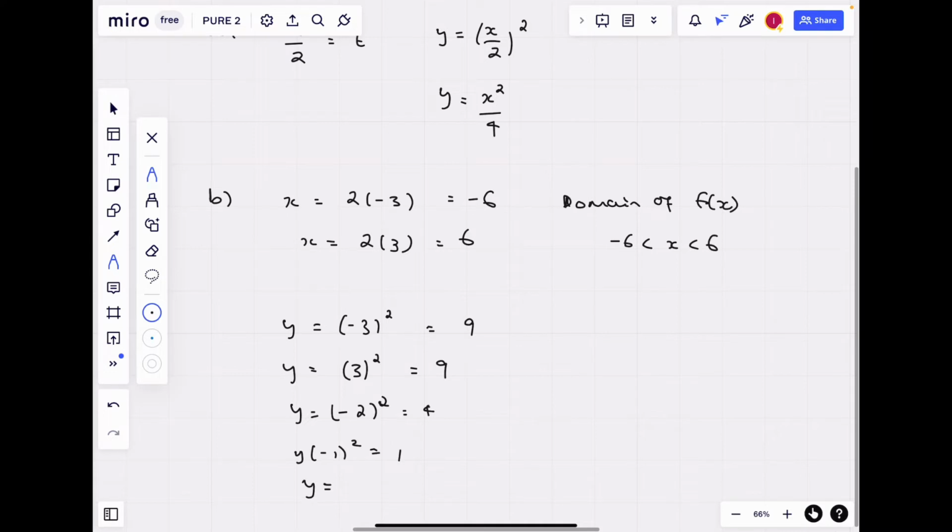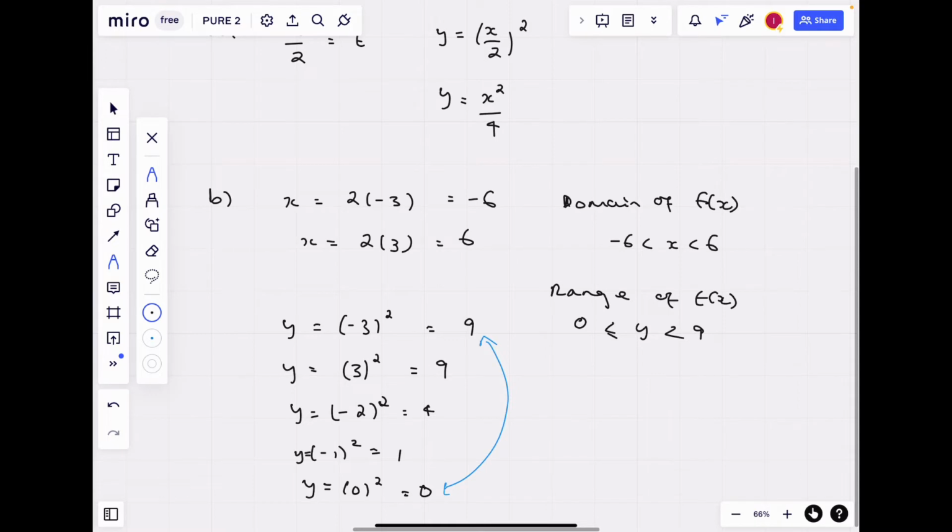If we subbed in 0, we get 0. The same numbers we would get with +1 and +2. So the range is really from 0 to 9. That's the range of f(x).